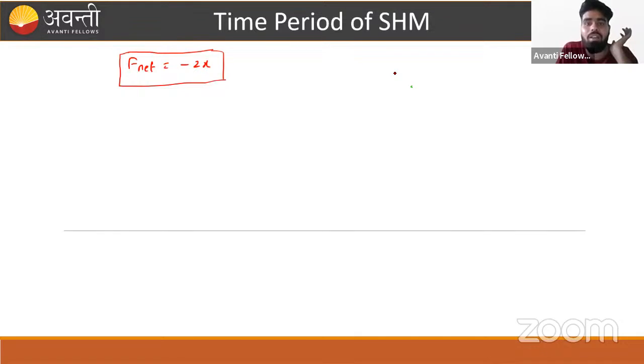Sir, I will become very happy after seeing this result. Why, beta? Because such a restoring force only happens for SHM. Our teacher told us that whenever the net restoring force is equal to minus kx, why do I put the minus sign here? Because the minus sign tells that the particle moves opposite to the displacement.